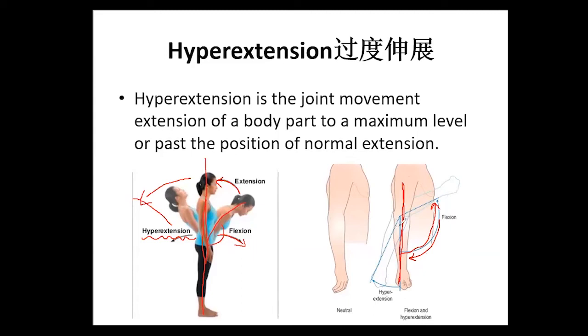Not everybody can do that big an angle; maybe just a small angle. Some people can go a little bit more. That we call hyperextension. So for some joints, we can do hyperextension. It's the same direction as extension, but just over it.